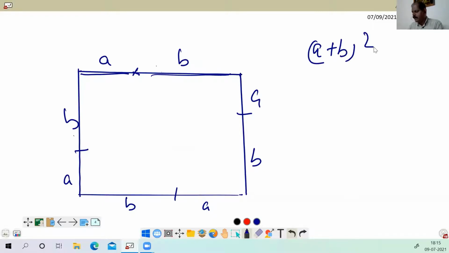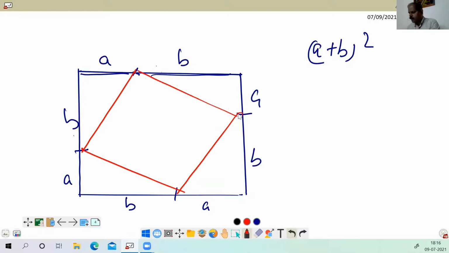So now I am going to join these points. So let me use another color. So I am joining this one. This one should be a square. This one. This one.